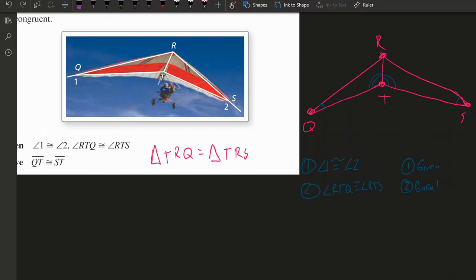Okay, and now, hopefully, you guys are used to this piece. Right here, I've got RT is a part of both triangles, so I can say that RT is congruent to itself. And the reason for that is because of the reflexive property.